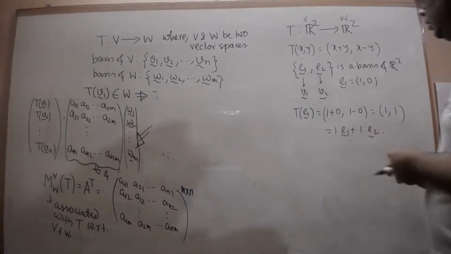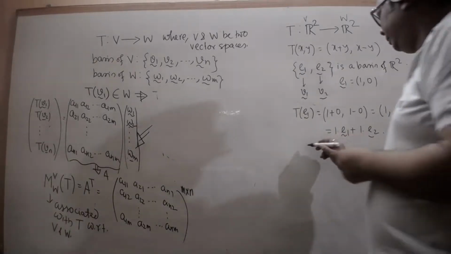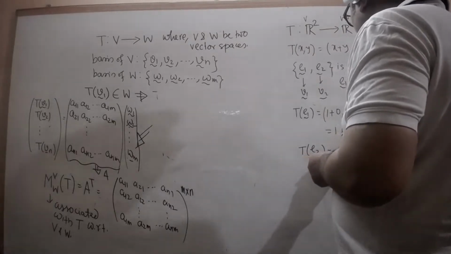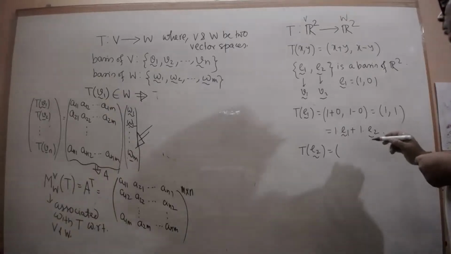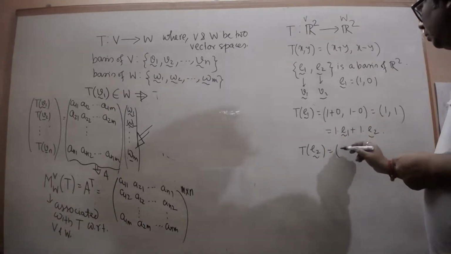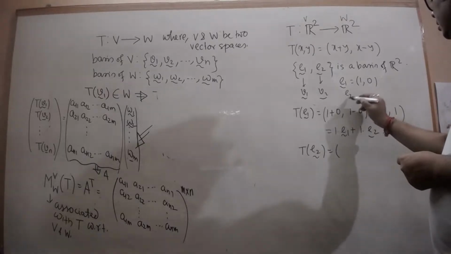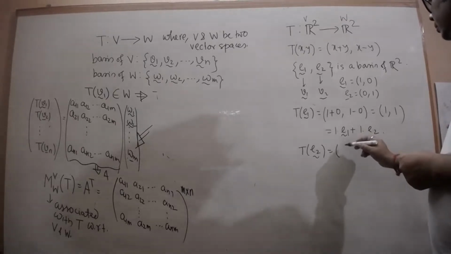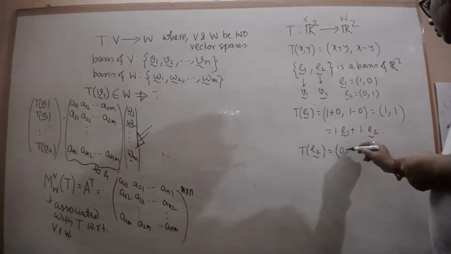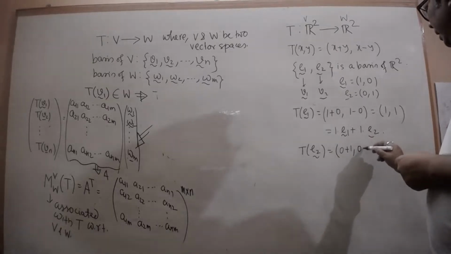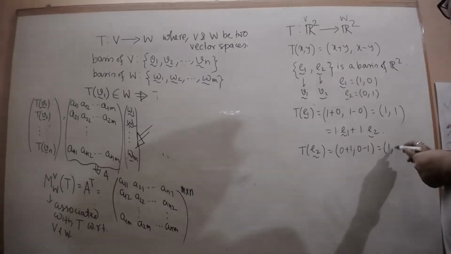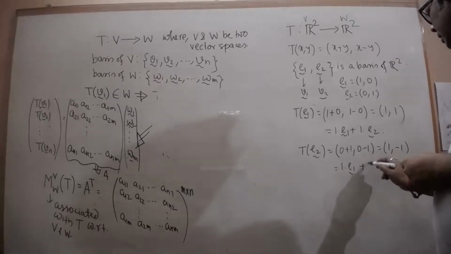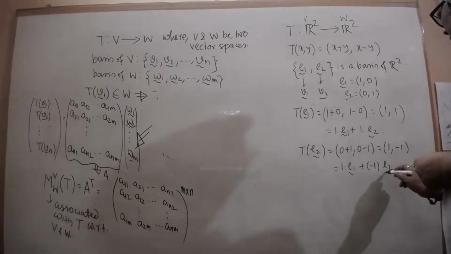Another, T(e2), e2 means (0, 1). So this is (0 plus 1, 0 minus 1). So this gives (1, -1), that is 1 e1 plus minus 1 e2.